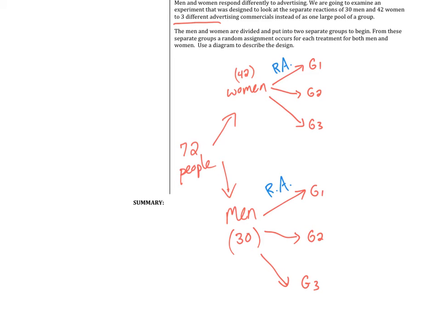So there are 3 groups, and there are 42 women. 42 divided by 3 is 14. So there's going to be 14 women in each group. Now there's 30 men, so there's going to be 10 men in each group. So I'm just going to put a 10 here. There's 10 in each group.